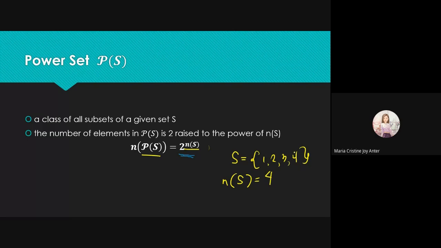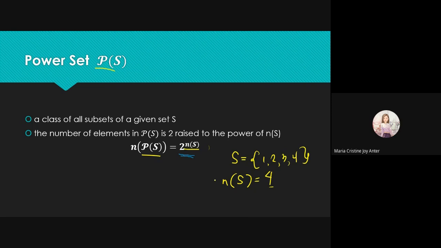So therefore, the cardinality of the set is 4: 1, 2, 3, and 4. In this case, set S has 4 elements. So the cardinality is 4. Okay? So, example, kung ingani ang set, i-determine nimo kung pilang elements ani nga power set. So, what you will do is you use this formula.